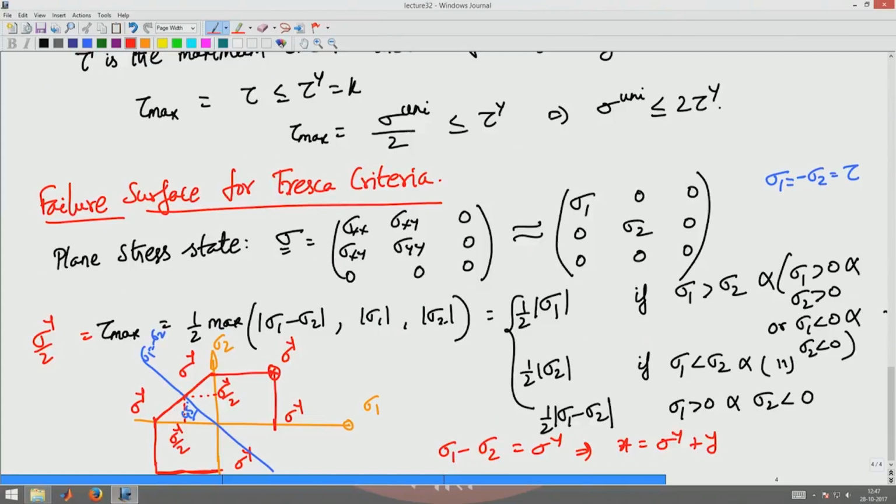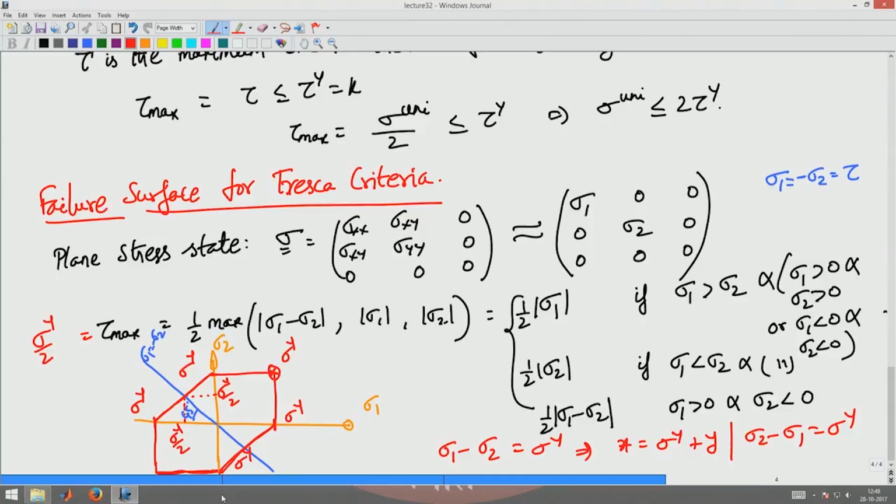Similarly, in the other region where sigma 1 is positive and sigma 2 is negative, the absolute value would be sigma 2 minus sigma 1 equal to sigma y, and hence it will be this line. So, for the Tresca criteria, the failure surface is in the form of a hexagon.